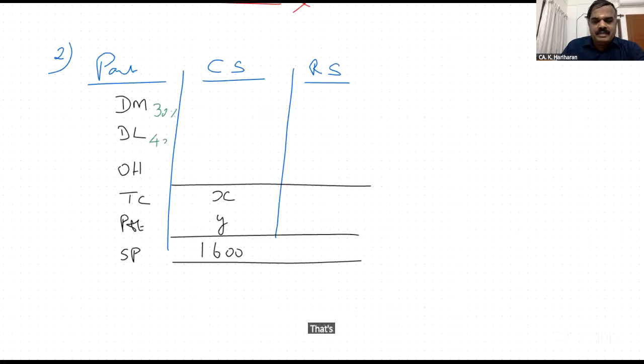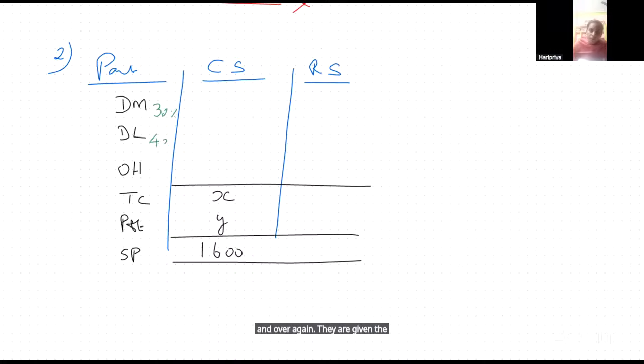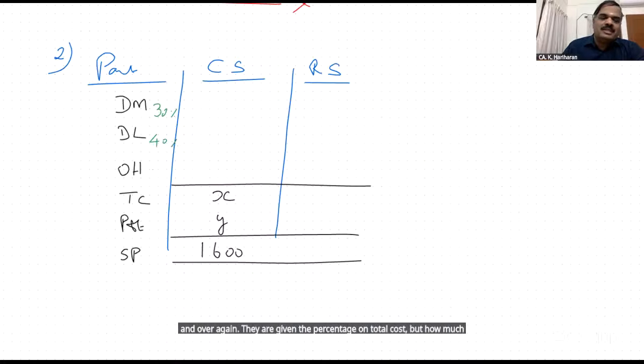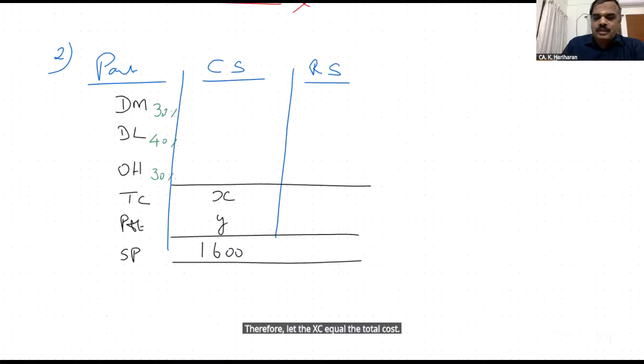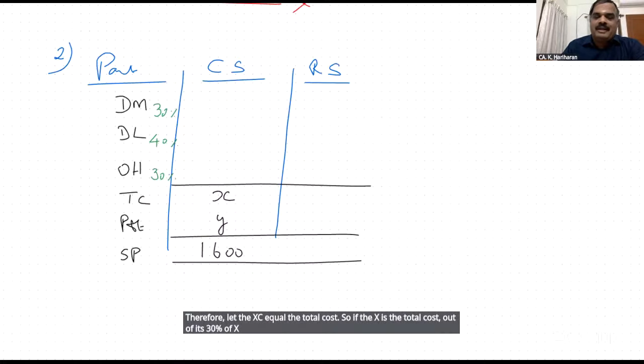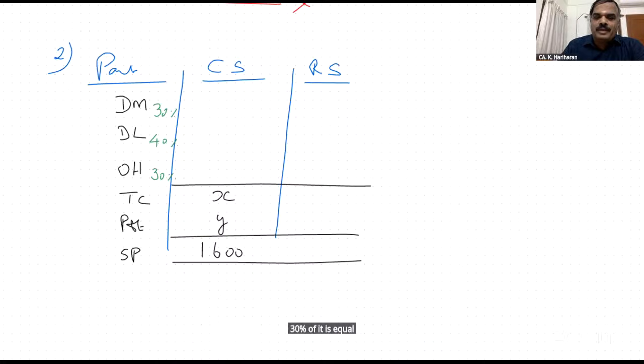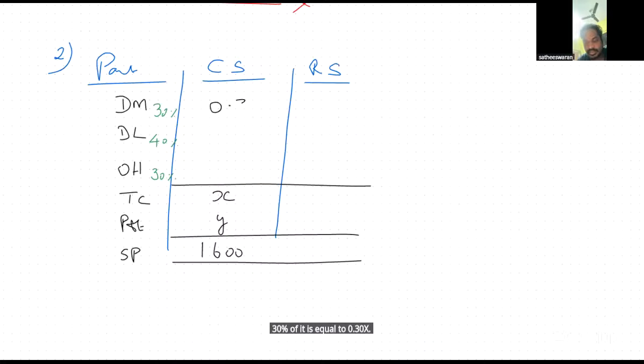They have given the percentages on total cost, but the total cost itself is not given. Therefore, let X be the total cost. If X is the total cost, then 30% of X is the material cost, 0.30X.